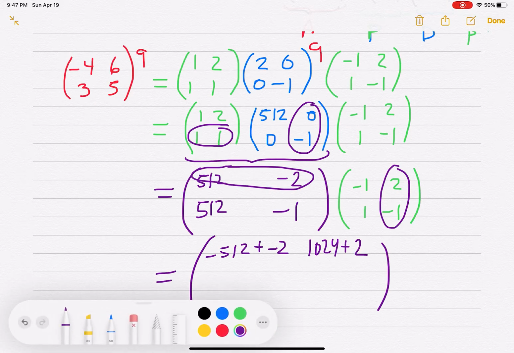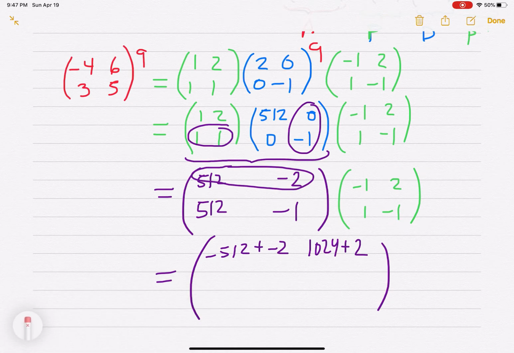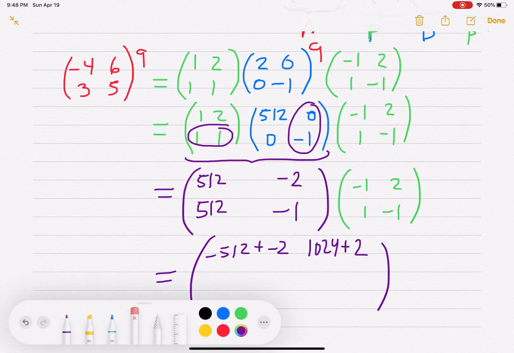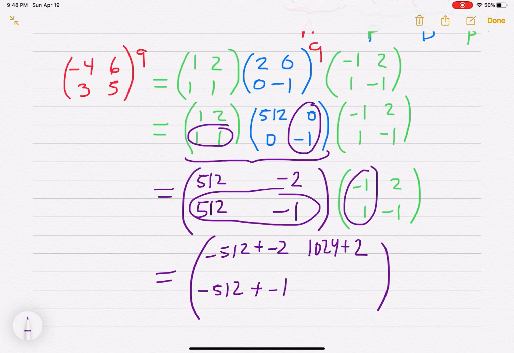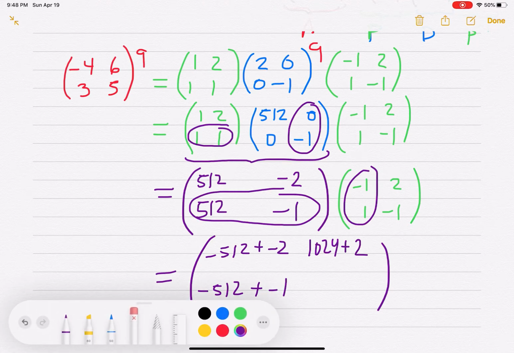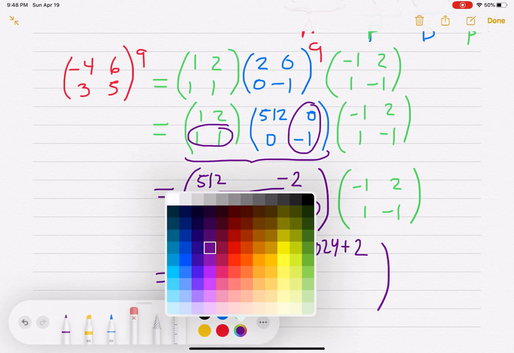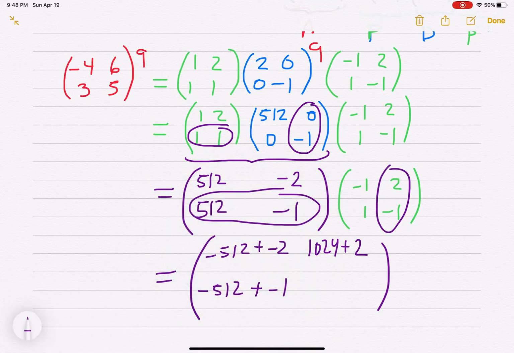Now let's go into the second row, first column. 512 times -1 is -512, plus -1 times 1 is -1. And then the second row, second column: 512 times 2 is 1024, and -1 times -1 is +1.